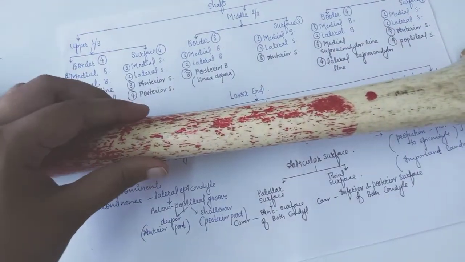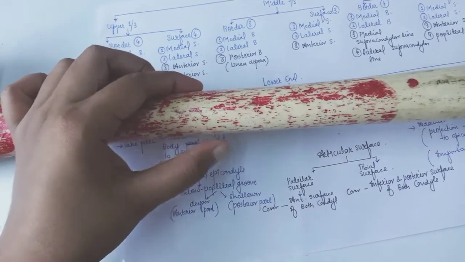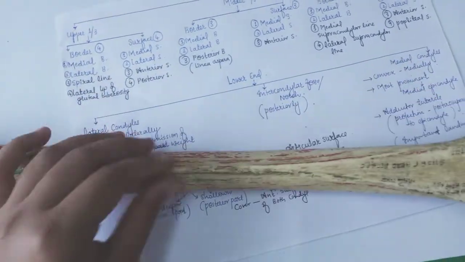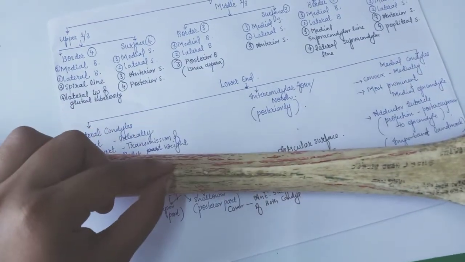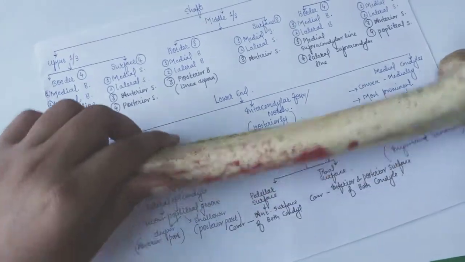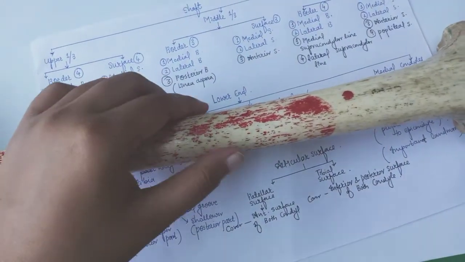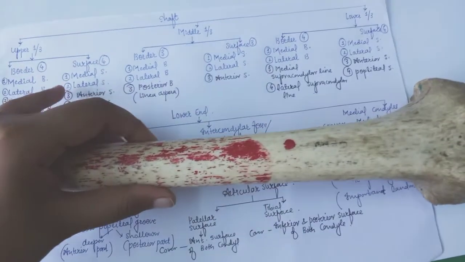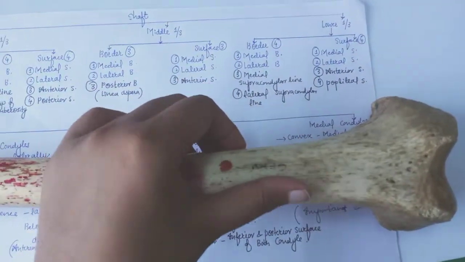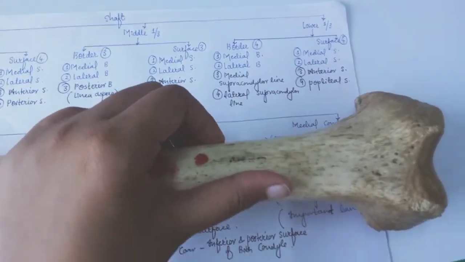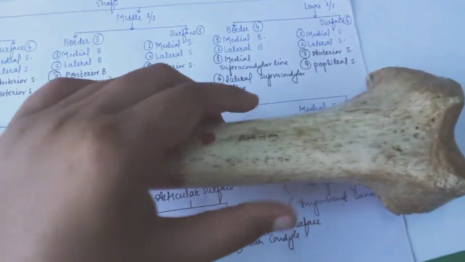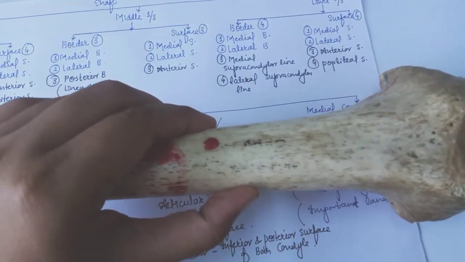It has 3 borders: medial, lateral and posterior, which is also known as linea aspera, and has three surfaces: medial, lateral and anterior surface.